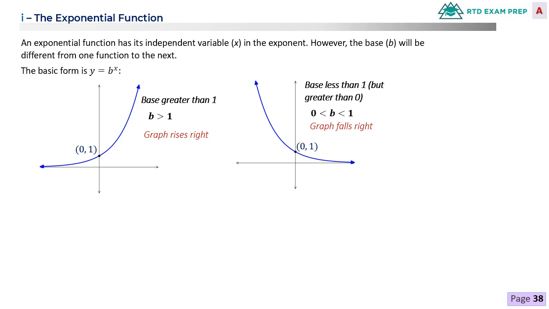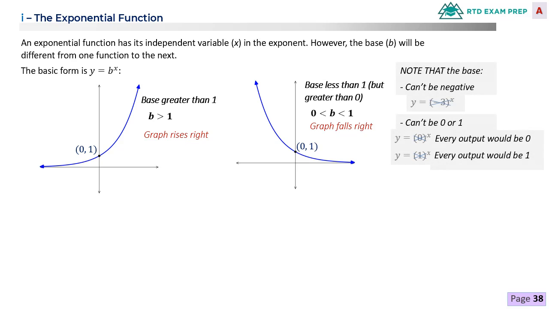And to multiply by a value that is less than 1, though still positive, so for example 0.7 or 0.45 or 1/2, would be to multiply by something that is less than 100%, which means we are decreasing in value. So if our base is greater than 1, our graph, as it moves from left to right, will increase. And if we have a base between 0 and 1, our graph, as we move from left to right, will be decreasing. It's important to note that the base cannot be a negative number, it cannot be 0, and it cannot be 1.